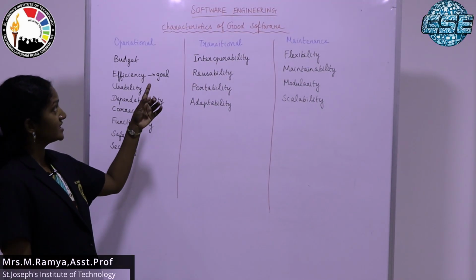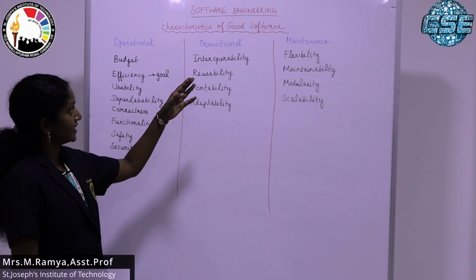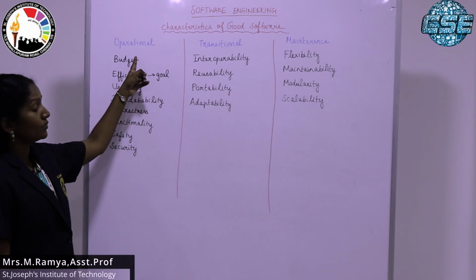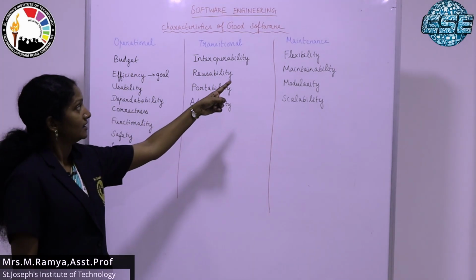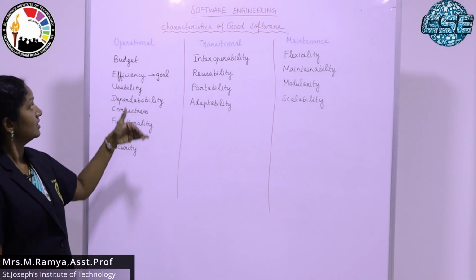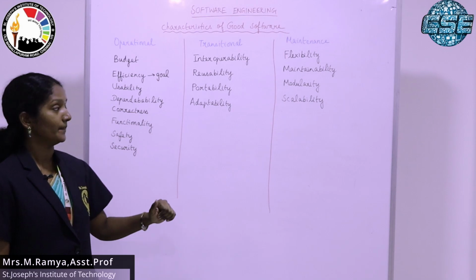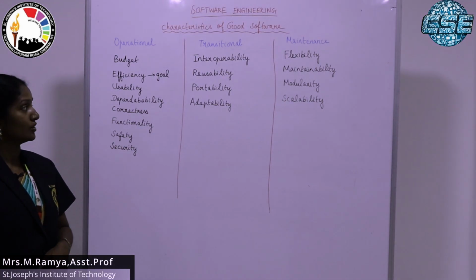Okay, next we shall see the characteristics of good software. The characteristics can be classified into three categories. Number one is operational, number two is transitional, and number three is maintenance. Let us see what comes under each category.